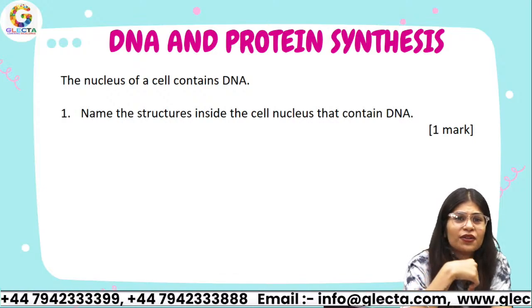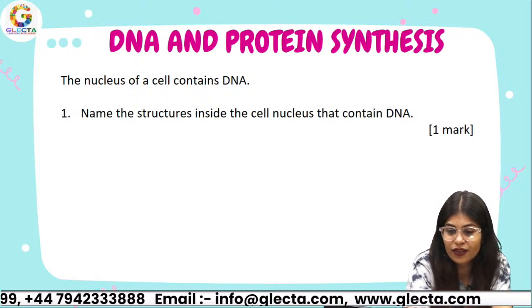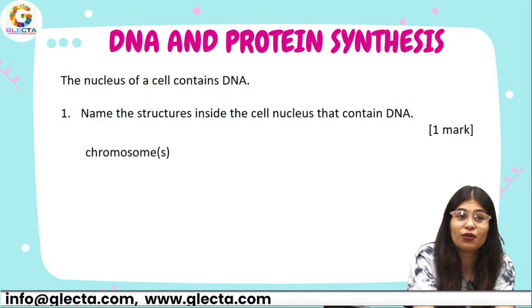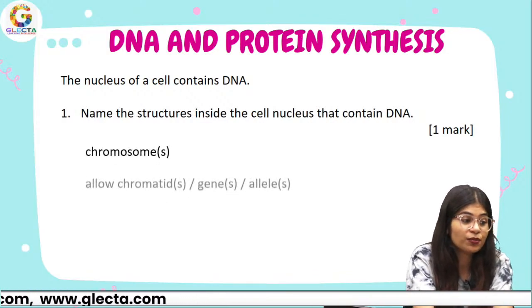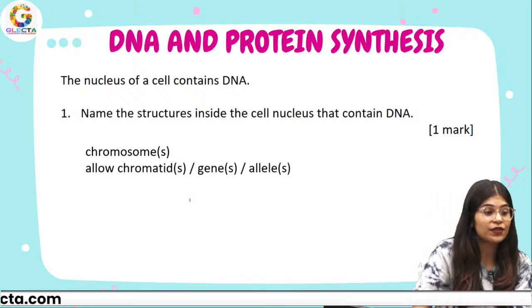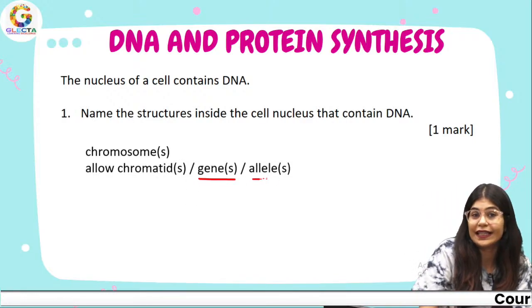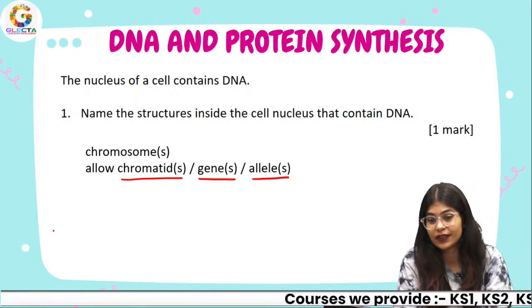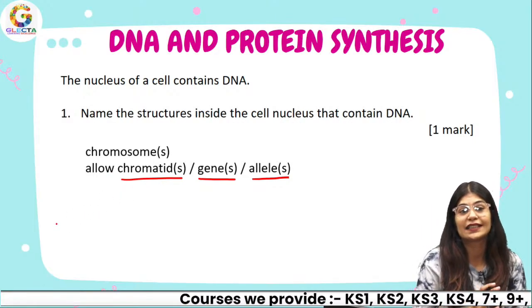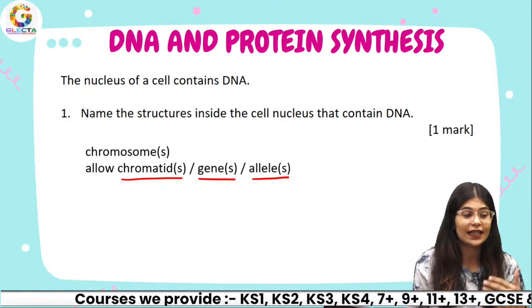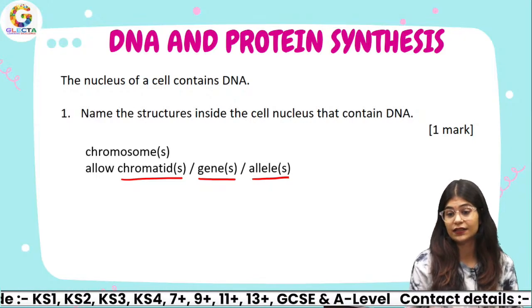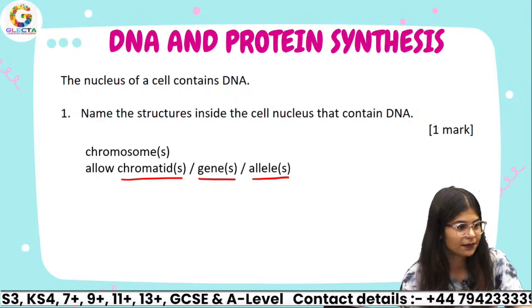I know you guys know that. It's easy. Chromosomes. Michael says chromosomes. That is correct, Michael. So you should say chromosomes, and sometimes genes are allowed, alleles are allowed, and even chromatids are allowed. So they always tell you the extent to which you can write. You can write chromosomes, chromatids, genes, or alleles. Pretty much the same things.